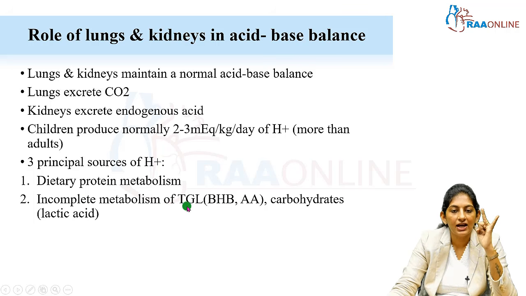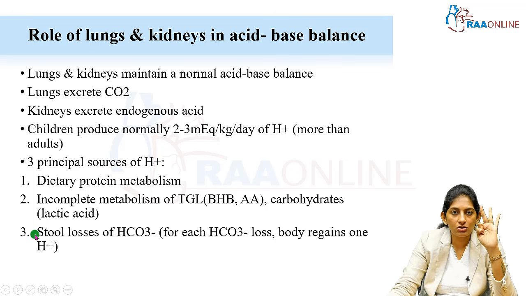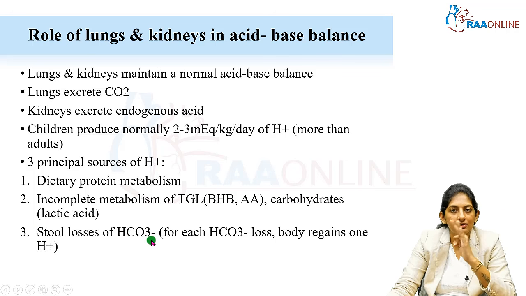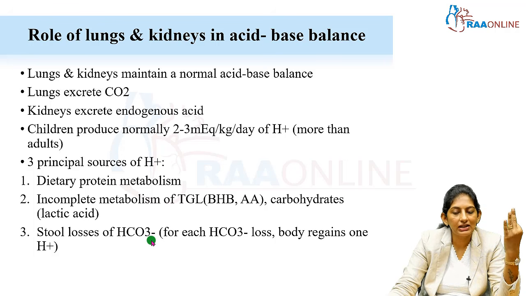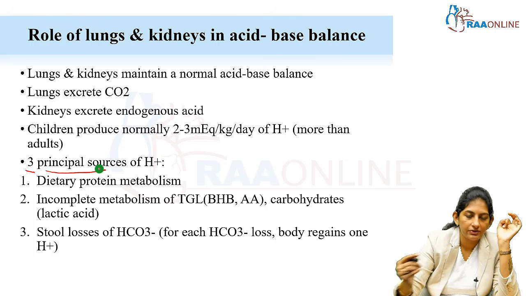Triglycerides give rise to acetoacetic acid and beta hydroxybutyrate, and carbohydrate metabolism generates lactic acid. Third, loss of bicarbonate: whenever a bicarbonate is lost, one H plus is regained inside the system. So these are the three principal sources of H plus.